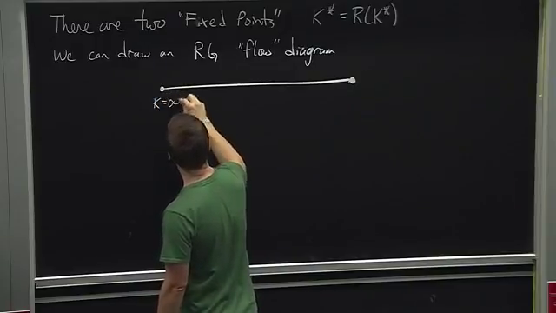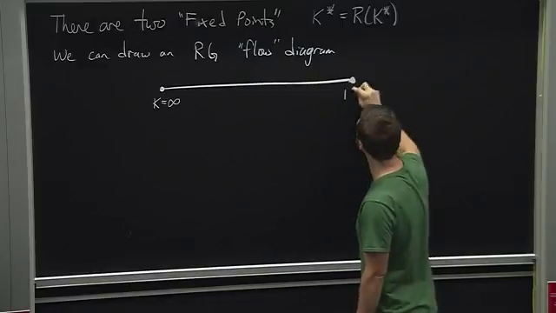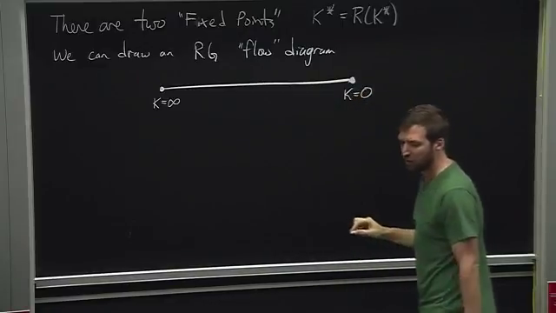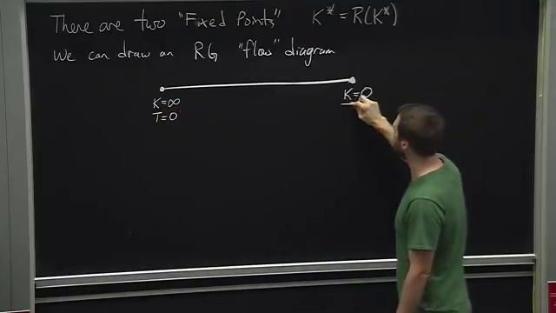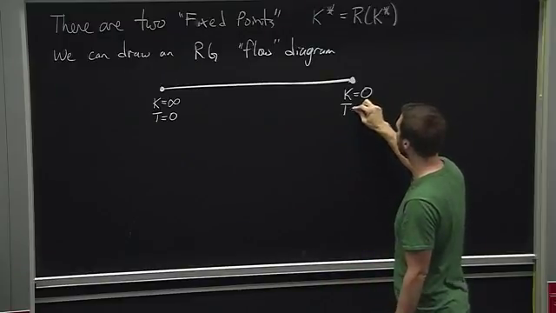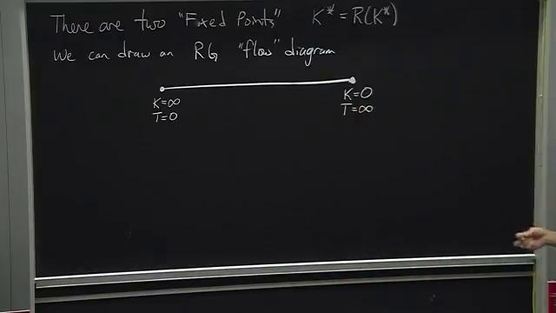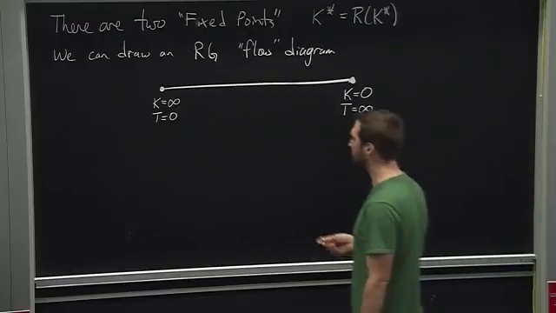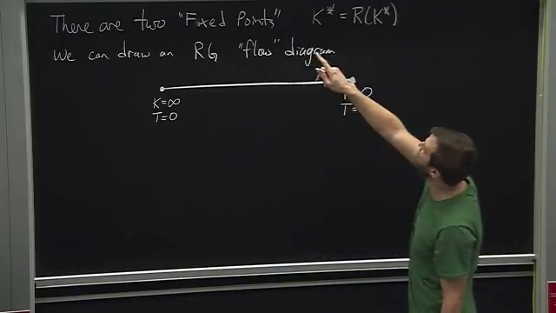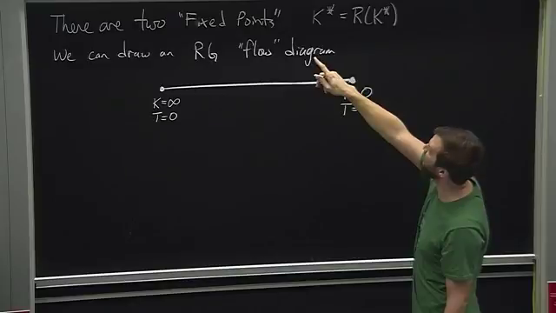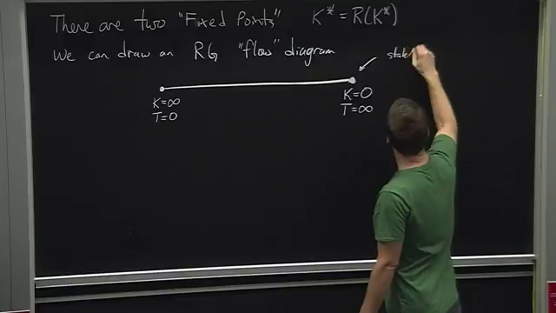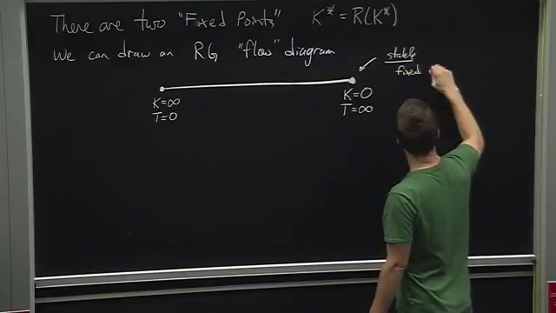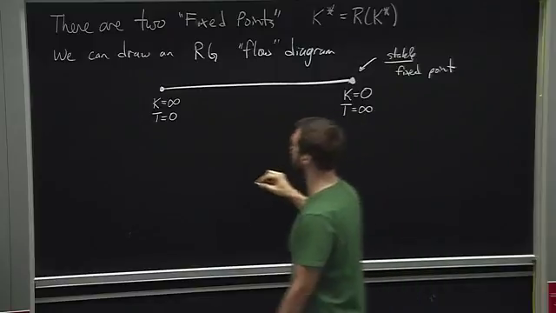So I have two fixed points, K equals infinity and K equals 0, which correspond to T equals 0. So I've ordered them so that temperature is 0 on your left as usual, and T equals infinity. And you have an unstable and a stable fixed point. Okay, so this stable fixed point is the one that you flow to. It's attractive, so it's up here. Stable fixed point. And then this one is the unstable fixed point.